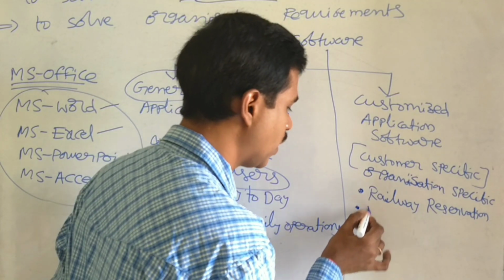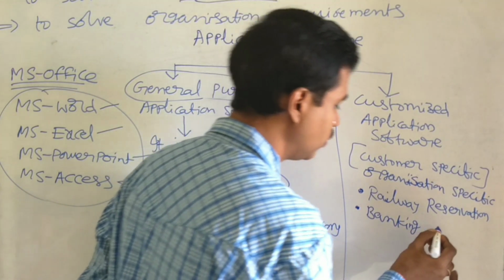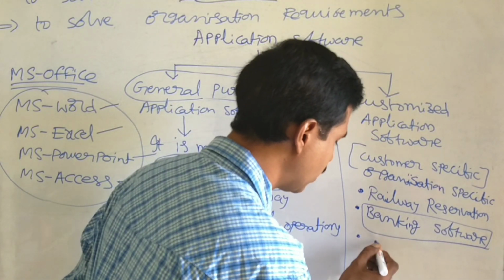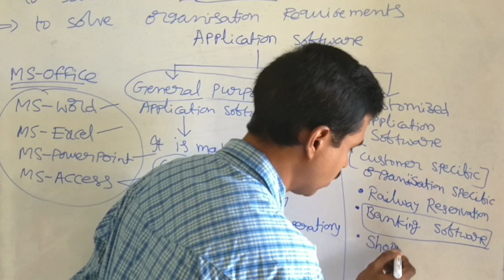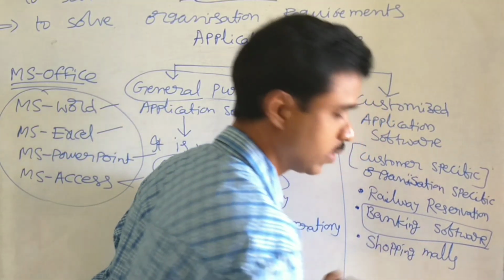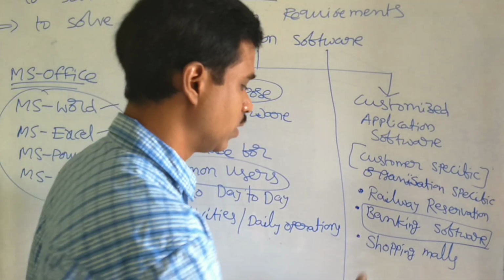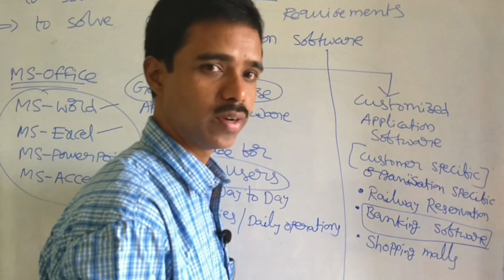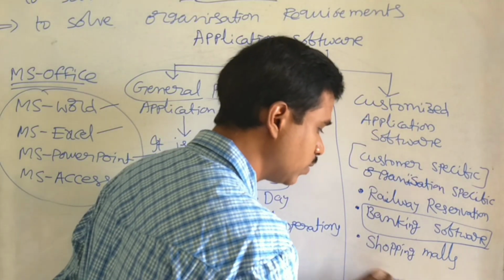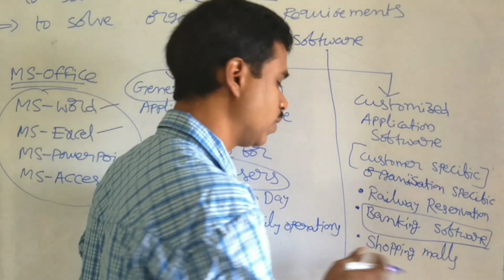For example, if you see banking software, it is used for the particular bank only. Similarly, shopping malls are using application software to prepare their invoice bills, to prepare the bills for the customer orders. So they are using some special software. That also comes under application software only, but that software is not useful to others. Even though it is useful, they won't give it.